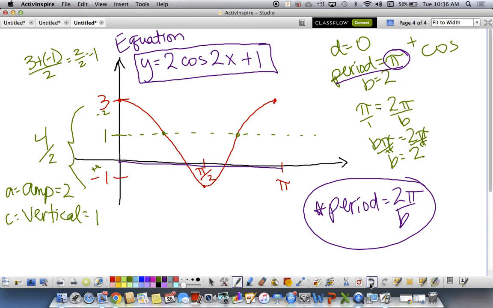Now I cross multiplied, so it ends up being B times pi equals 2 pi. You can cross multiply, you can just switch, however algebraically you want to solve for that.